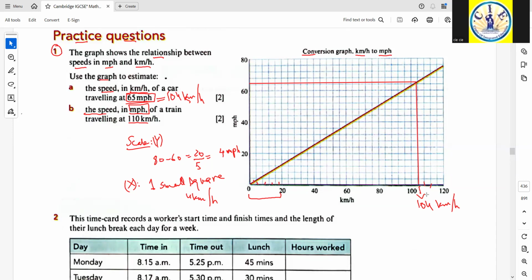And then in between 108 and 112, here is 110. So if you just trace it along the y-axis, this is somewhere over here.